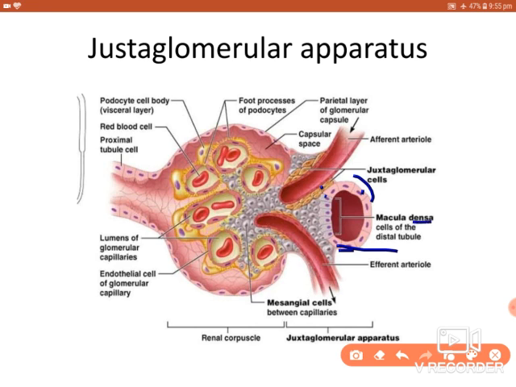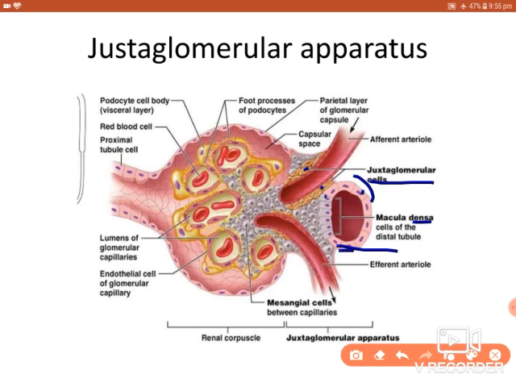Then the juxtaglomerular cells secrete renin. They also respond to any change in the blood pressure of the blood entering through the arterioles. So these cells secrete, store and release renin.